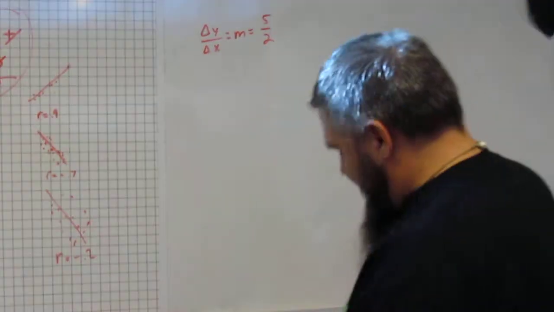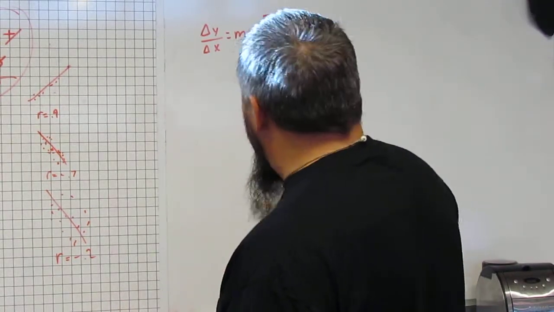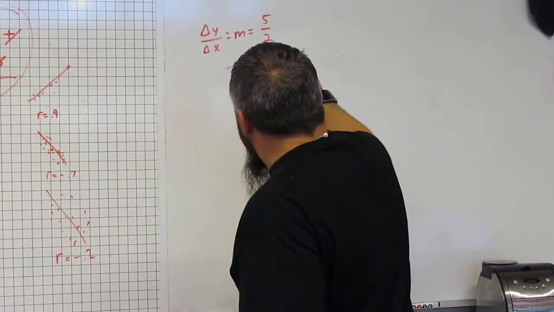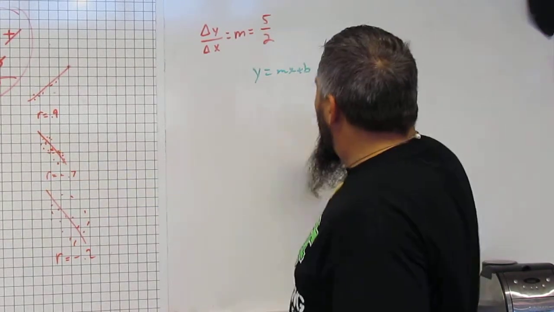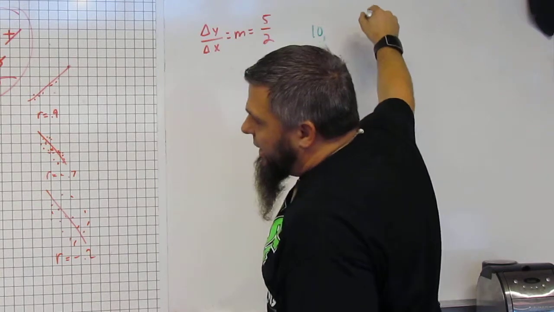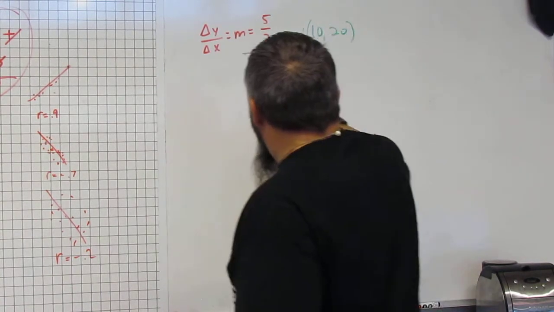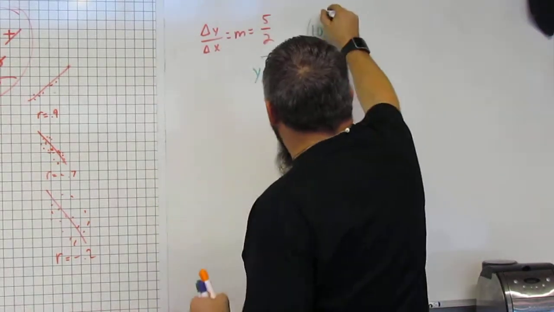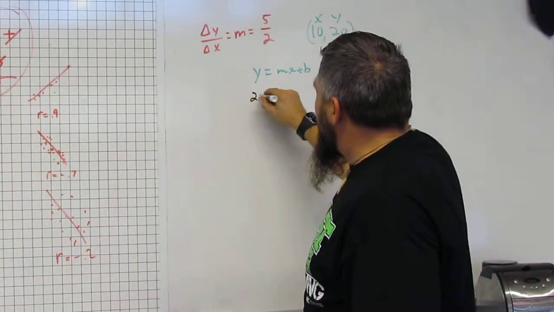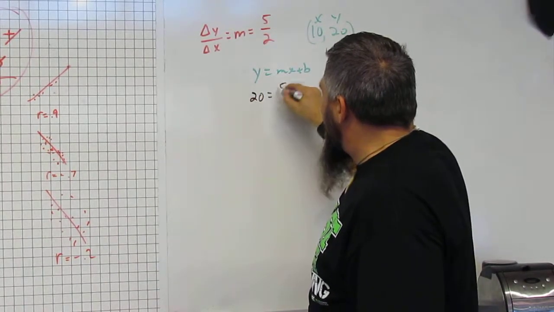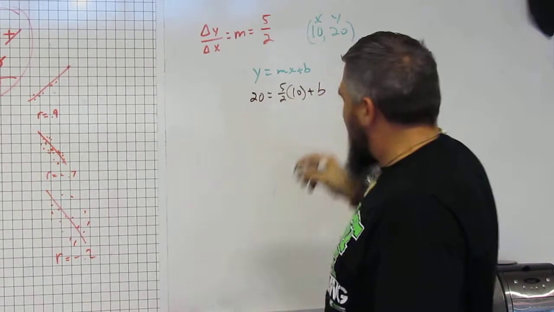Okay, so then I have the slope, and y equals mx plus b. One of my points would be 10 and 20. So I can plug in my x and my y: 20 is equal to 5/2 times x, which is 10, plus b.